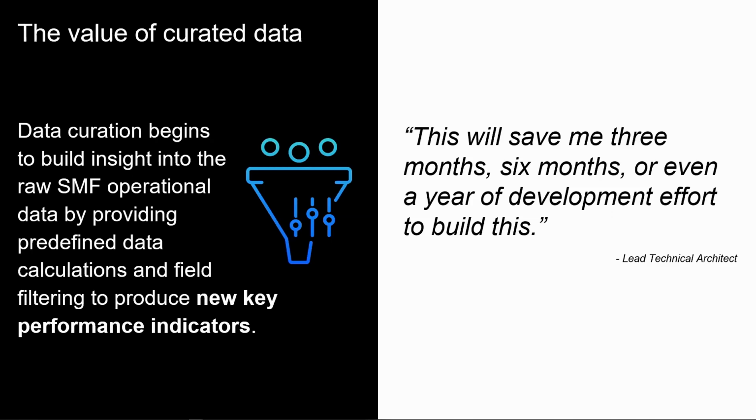So instead of just sending the raw SMF record, we can send the curated definition that would do those pre-calculations and put those into a new field, and send just that KPI instead of a span of records. So trying to make the data much more usable by the time it gets out to its target consumer.